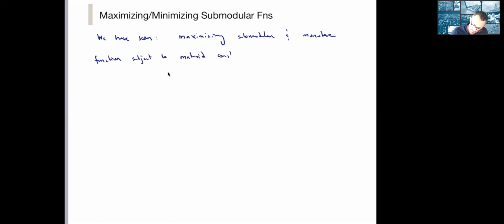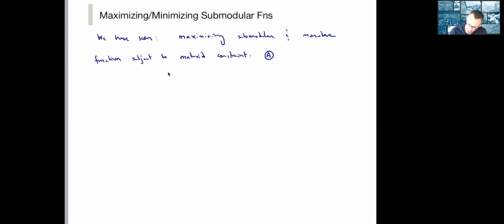So we've seen that maximizing a submodular and monotone function subject to a matroid constraint is, first of all, it gives us a class of hard problems.